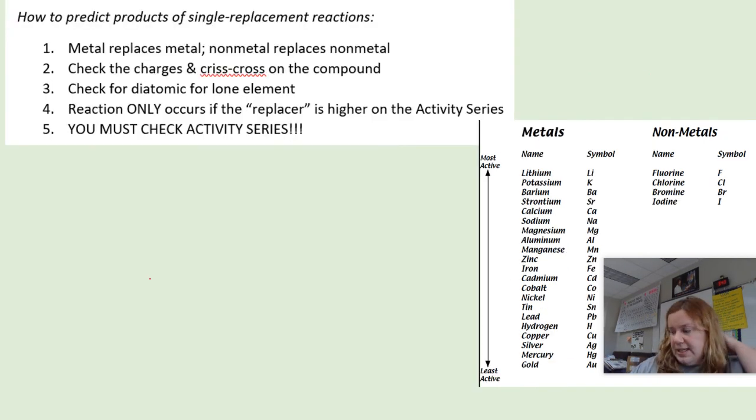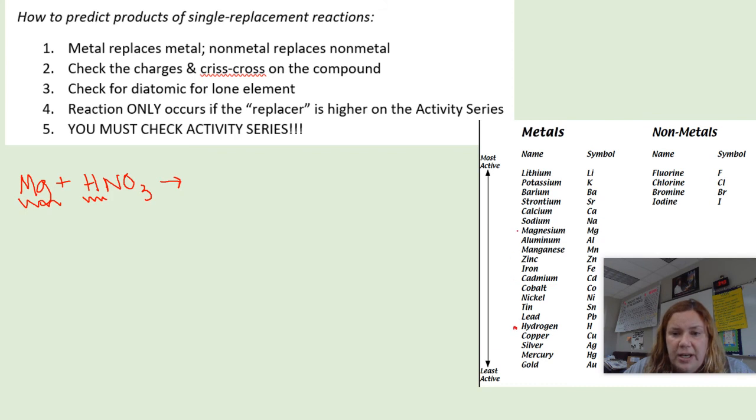So let's try a few examples here. Let's try magnesium and nitric acid, because you think, gosh, there it is, that hydrogen again behaving like a metal. Our singleton is magnesium, behaving like a metal, and hydrogen is also behaving like a metal. We look at our activity series and find hydrogen and magnesium.